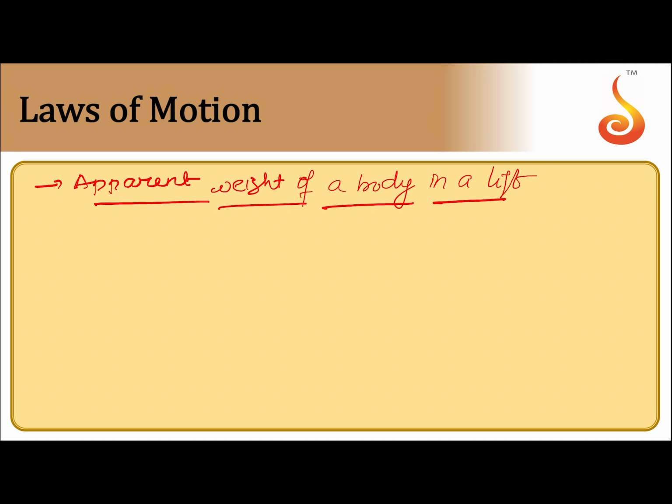Let us consider a couple of cases. So here is the arrangement. The lift, and let's assume that this is attached to something and is capable of moving, accelerating up or down. This is the object whose mass is m. Now couple of cases. Number one, if the object is at rest, the acceleration of the lift is 0.